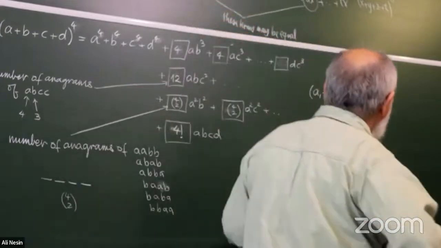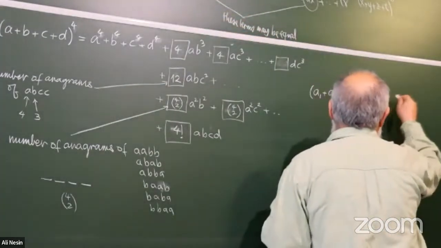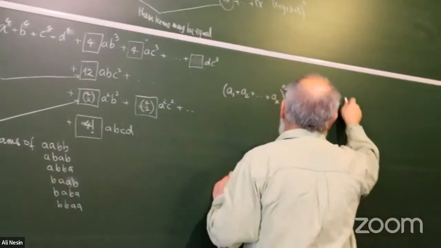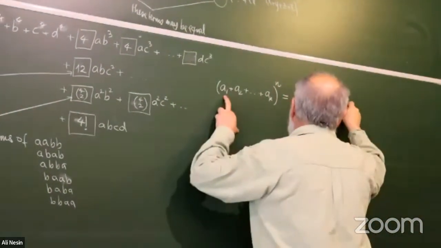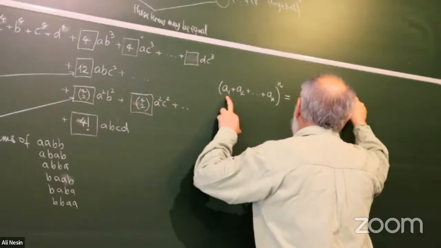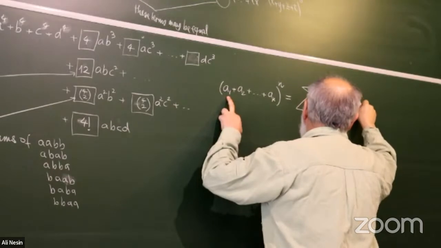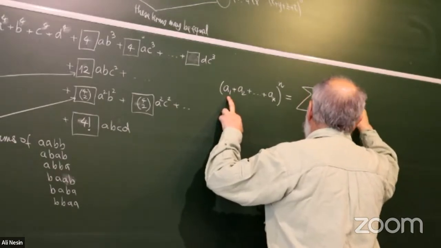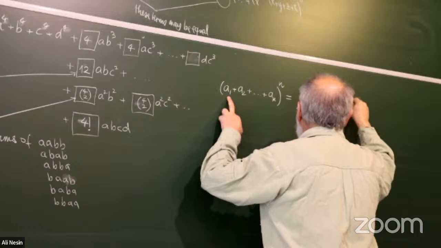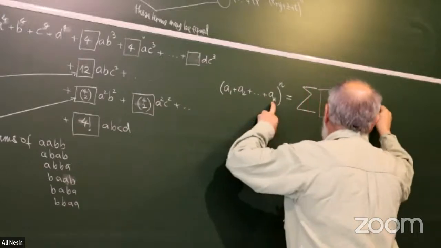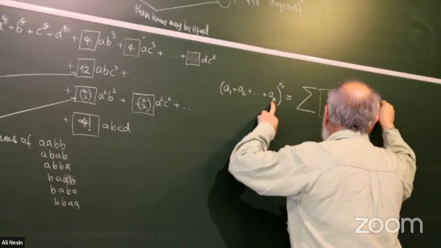Suppose I'm doing this. So this will be what? This will be a sum of things, right? You'll have some coefficients, and you'll have here A1 to the I1, and then A2 to the I2, up to AK to the IK.